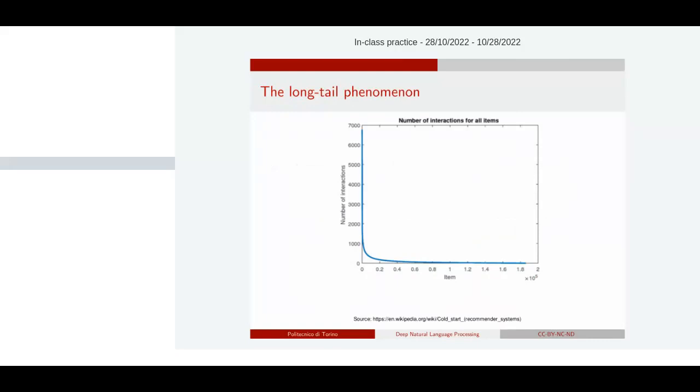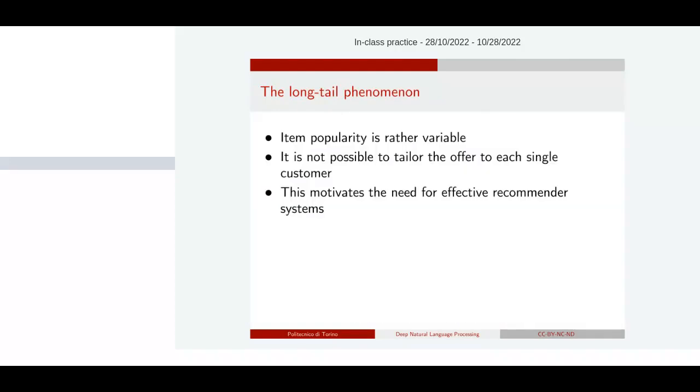And there are plenty of other items that have low rates, even because most of the users ignore them or have provided only very few rates. So this is called the long tail phenomenon. So the item popularity is very variable.